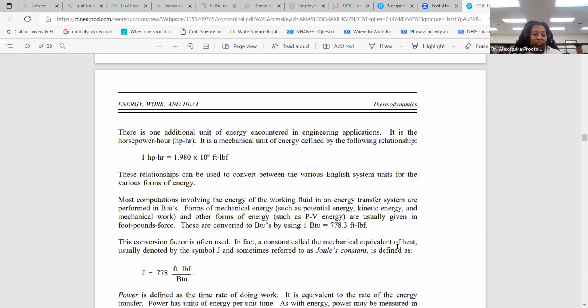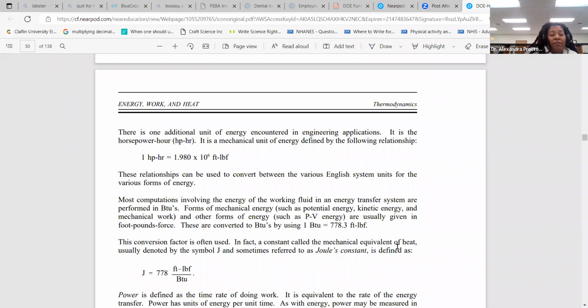Most computations involving energy of a working fluid in the energy transfer system are performed in BTUs. Forms of mechanical energy, such as potential energy, kinetic energy, and mechanical work, and other forms of energy are usually given in foot-pounds force.